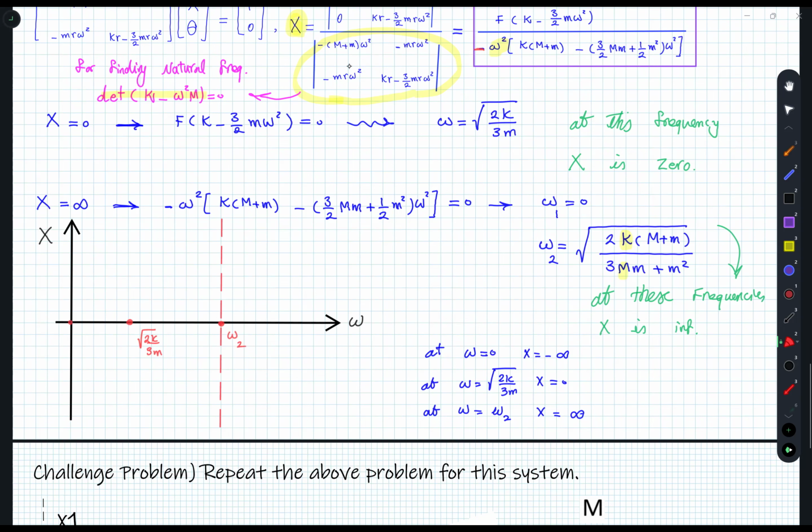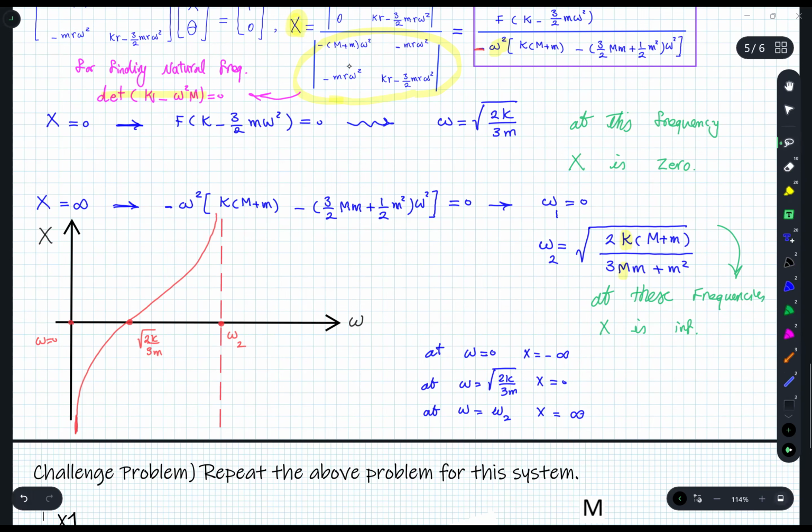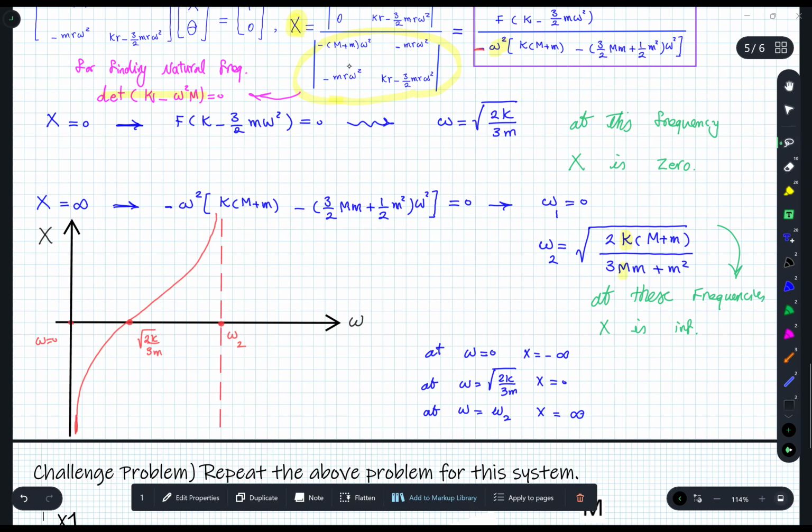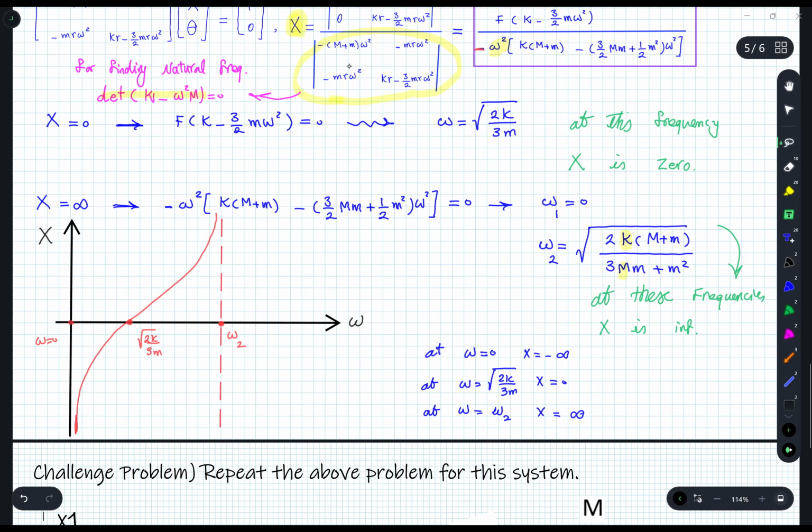And of course, this is omega 0. Therefore, my graph is going to be at infinity over here, and obviously it needs to go to infinity up there. Remember, at omega 2 we also have infinity. Since we start at negative infinity, it has to go up there.